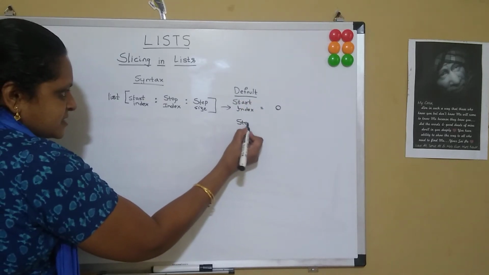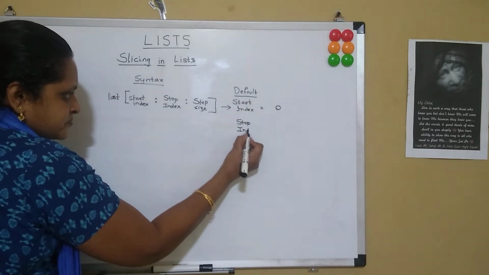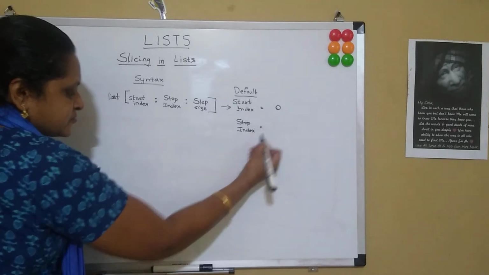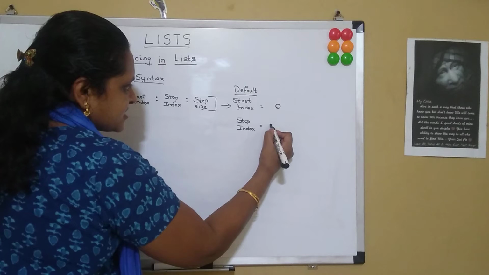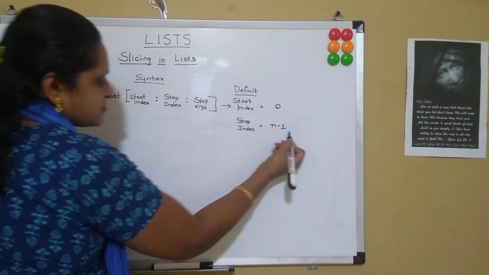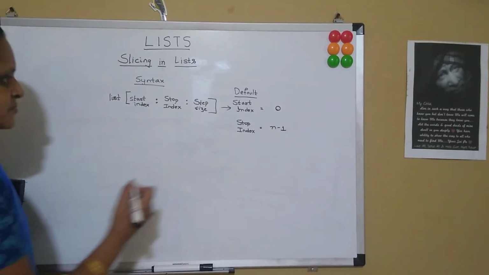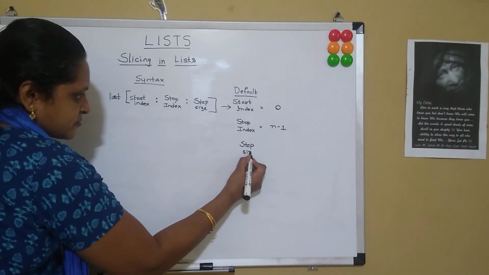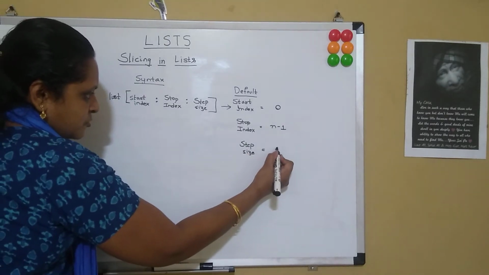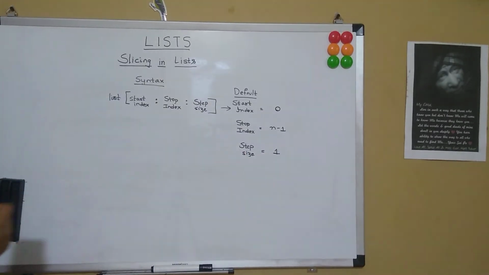Stop index means till the end of the list, that is n minus 1. And what is the step size? Default step size is equal to 1 by default.